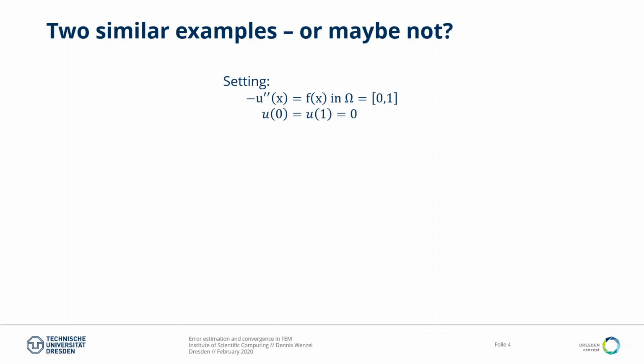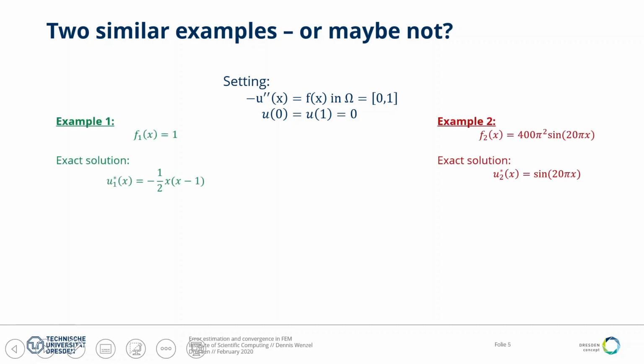The reason for this is that in one-dimensional settings, it's relatively simple to write down exact solutions for certain problems, which is not the case in higher dimensions. So let's see, we have two examples here, and the way I constructed the examples is such that we know the exact solutions.